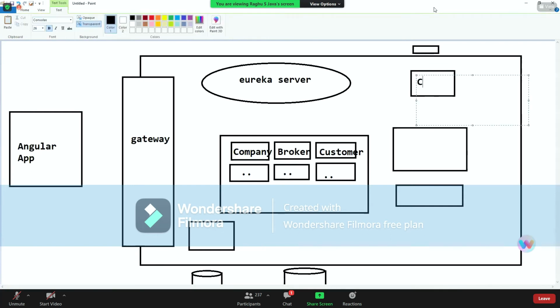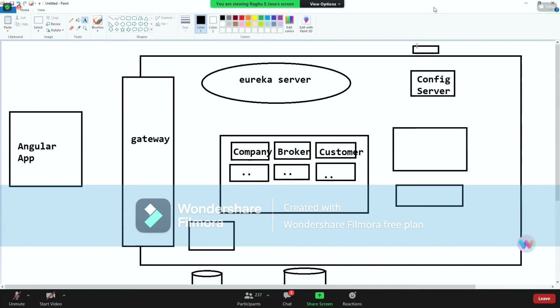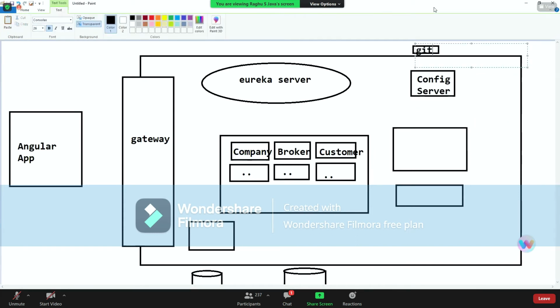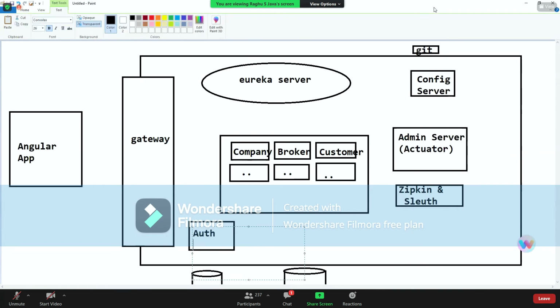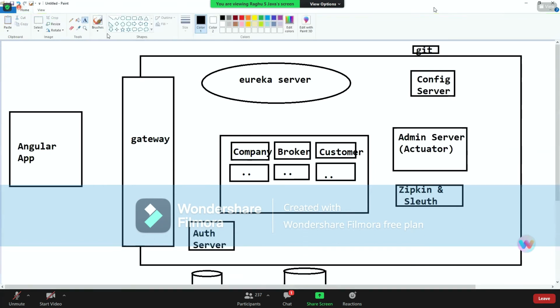This is the config server, Git account, admin server, actuator, Zipkin and Sleuth. Actually, I forgot to give this one; I'll give this recording video. Sleuth is for tracing purposes. The auth server is of course registered with Eureka only, connected to all.